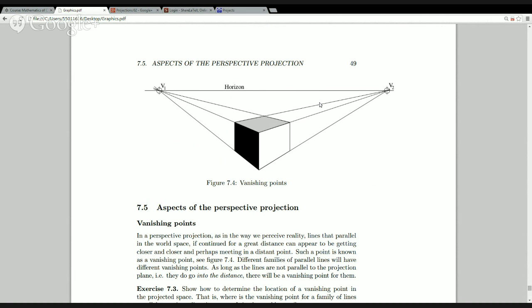So this shows you how the x-coordinate of the projection of the points on this line, as you go further out and further out along the line, those x-coordinates are approaching this fixed limit, f times h_x over h_z. So this is the x-coordinate of the vanishing point.